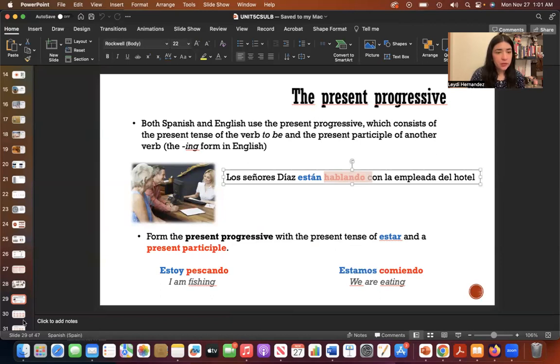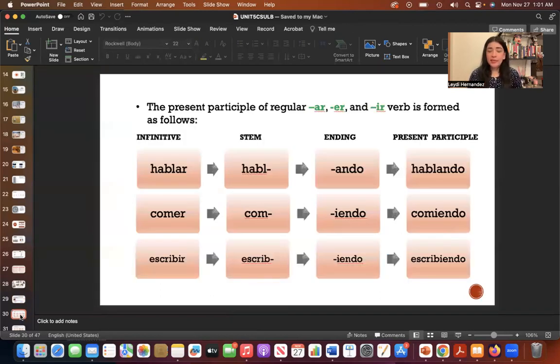Remember that in Spanish, we divide the verbs in three groups, depending on the ending. We have the AR verbs, which are the verbs that end in AR, like hablar. We have the ER verbs, verbs that end in ER, and we have the IR verbs, verbs that end in IR.